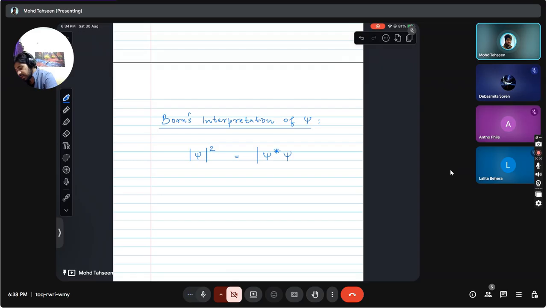And if we then multiply it with psi, this will give us this quantity, and he said this defines the probability density of that particle.